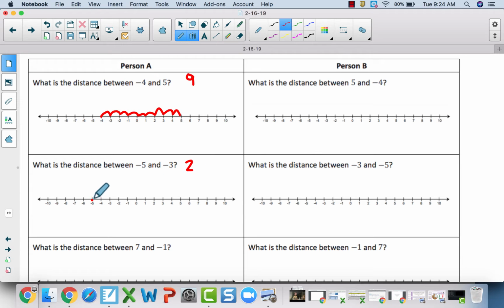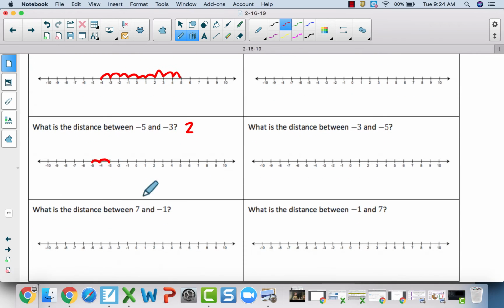To get from -5 to -3 is 1, 2 hops. Now moving down, 7 to -1 is 8. So if I'm at 7 and I'm trying to go to -1, you would move to the left. 1, 2, 3, 4, 5, 6, 7, 8.